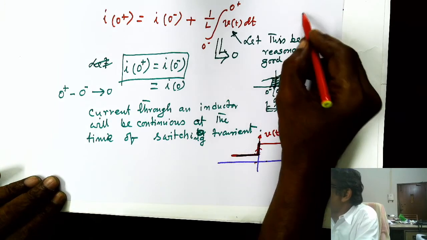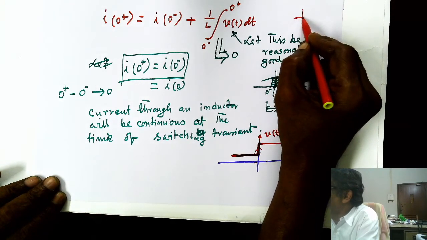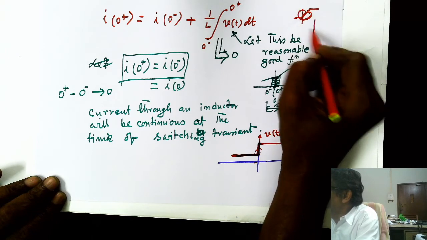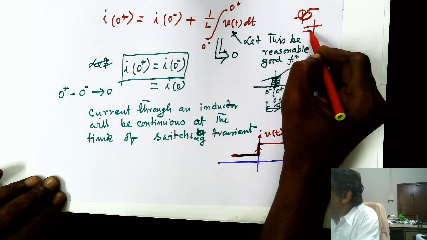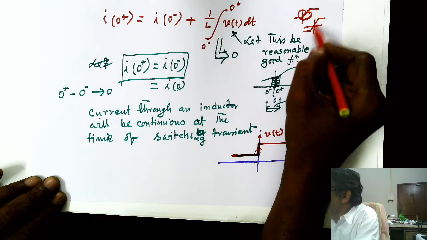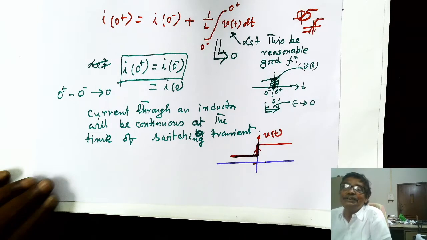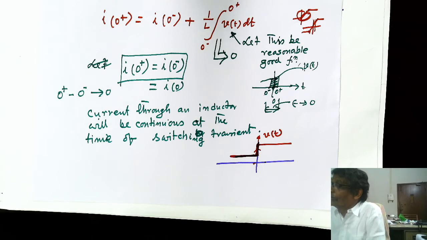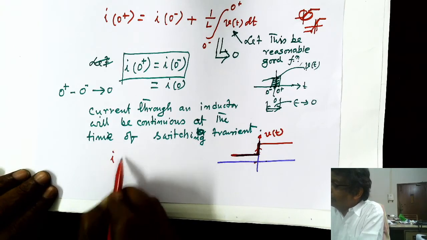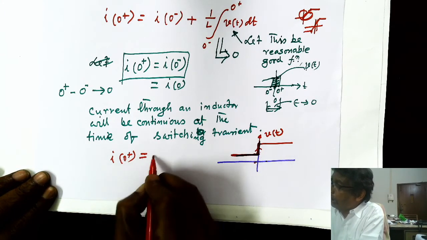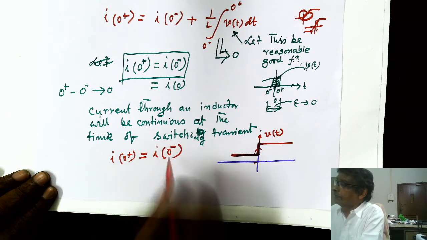For example, if supply voltage has increased like this, if it has gone like that, 0 minus to 0 plus, then the area under the curve is this much. So it is vertical. So the area under the curve will be once again 0. Therefore, then also I0 plus, whatever it will be, this is, mind you, about the voltage I told, must be equal to I0 minus.